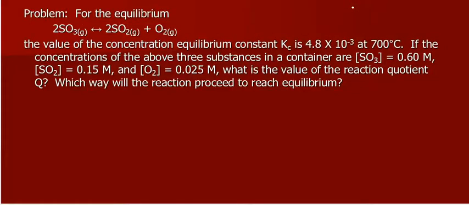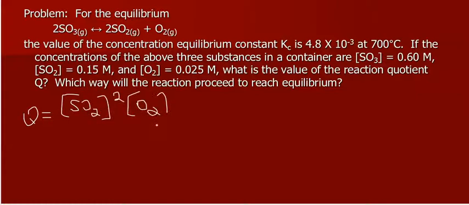So if we're solving for the reaction quotient Q, we go back to my balanced equation, and we're in terms of concentration, so we could do SO2 squared times O2 divided by SO3 squared. So there's my setup for Q based on this particular equation.